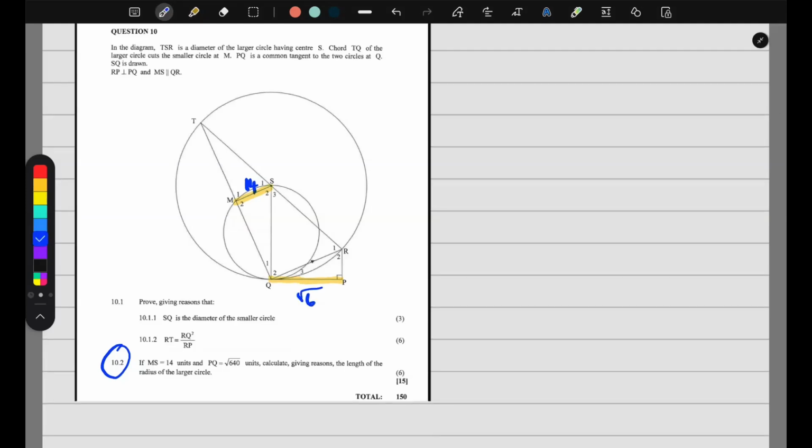If this is the square root of 640, the question is calculate, giving reasons, the length of the radius of the larger circle. So the radius of the big circle is either we're working out TS, that's a radius, or we're working out SR, or we can work out SQ.